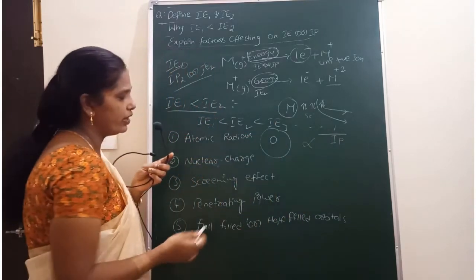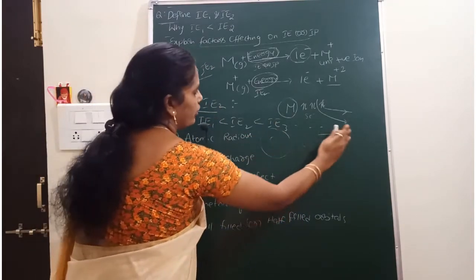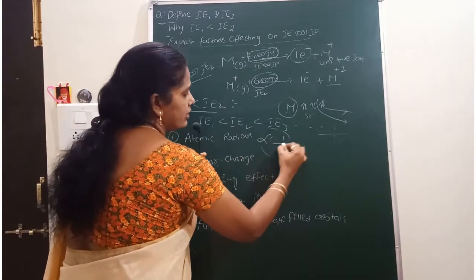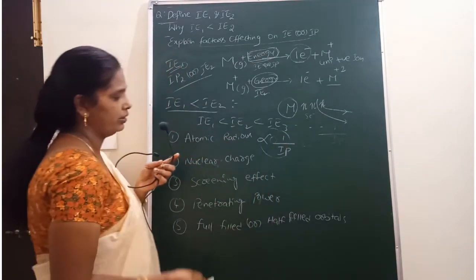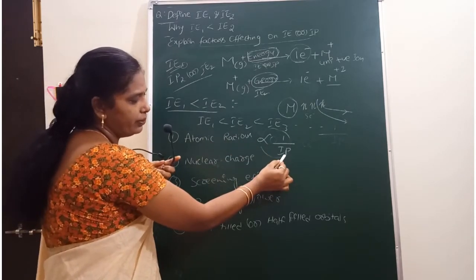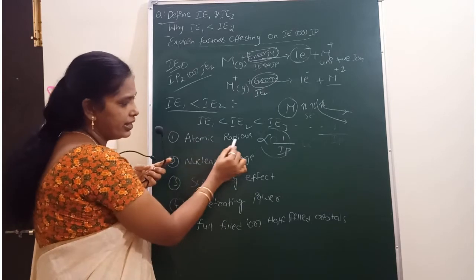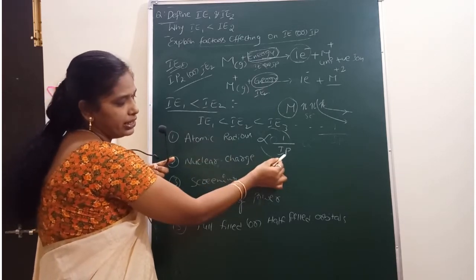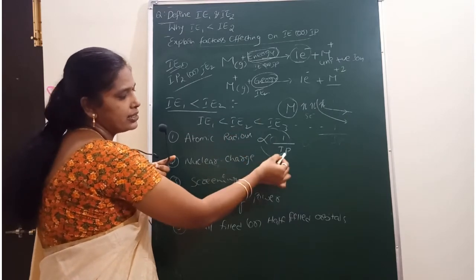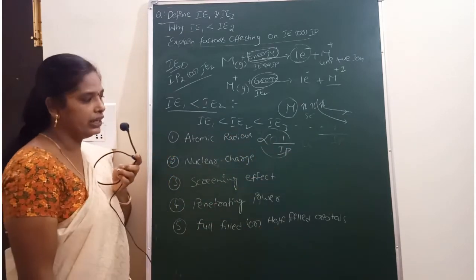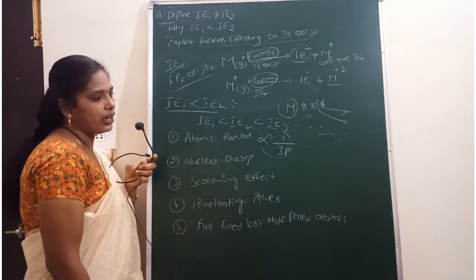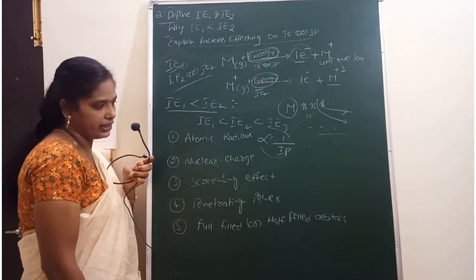So atomic radius and IP vary inversely: as atomic radius increases, ionization potential decreases. So atomic radius increases means ionization energy decreases.